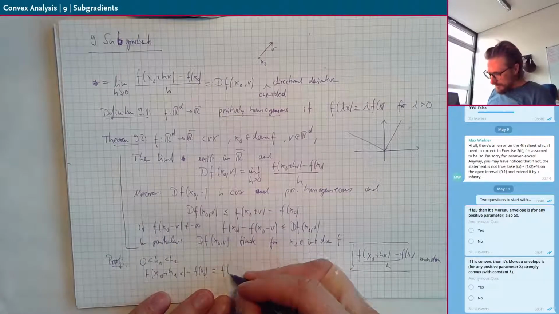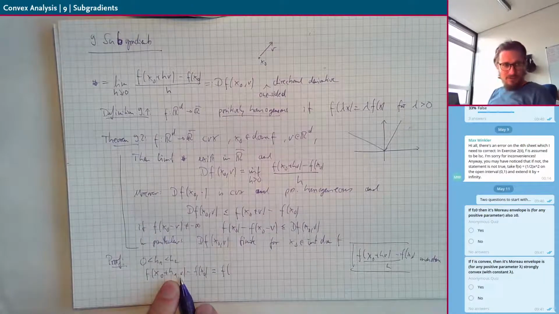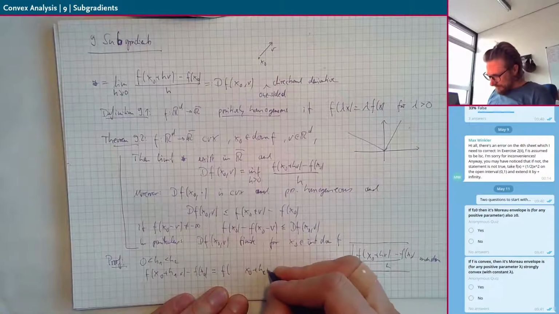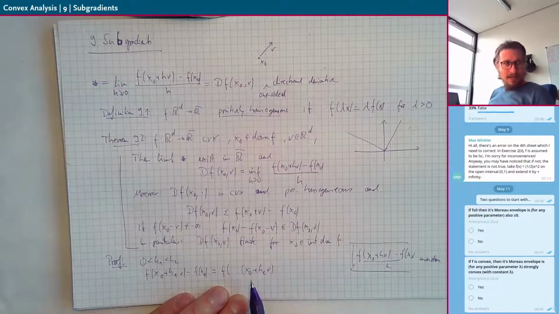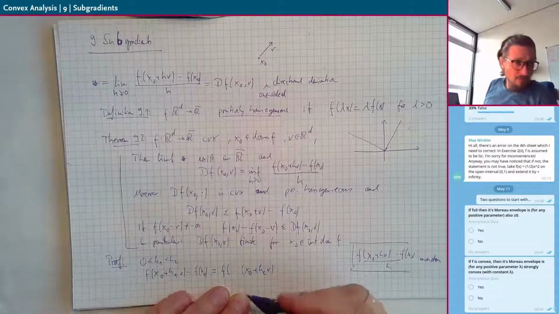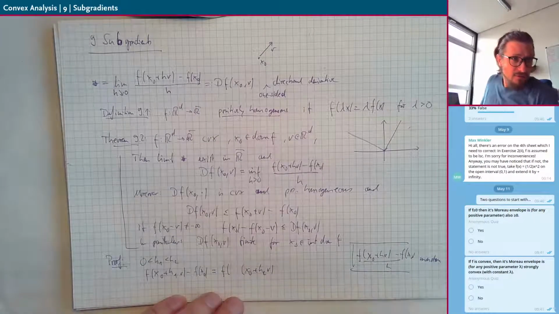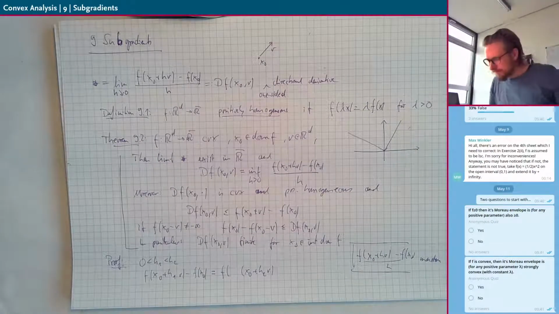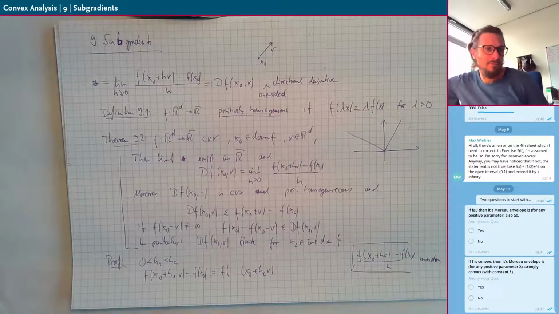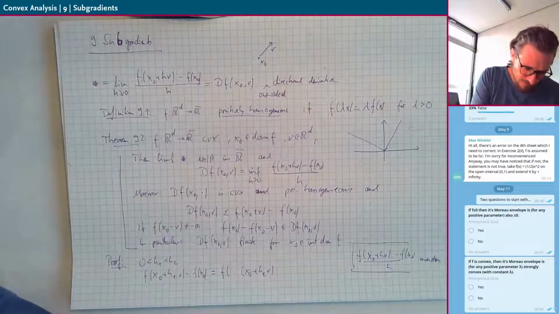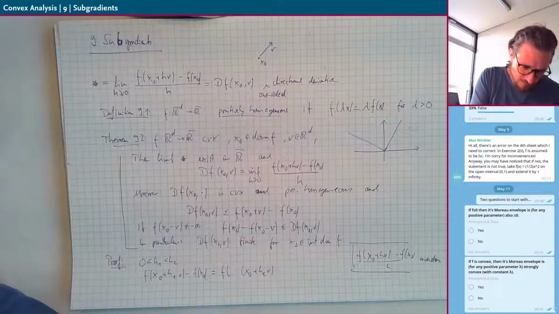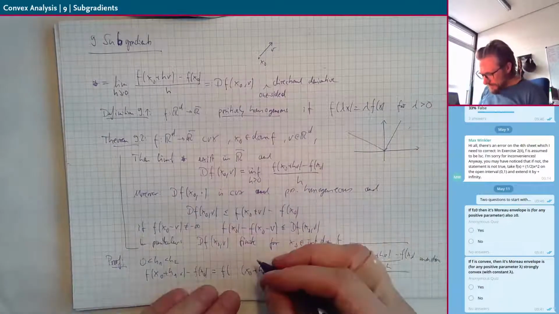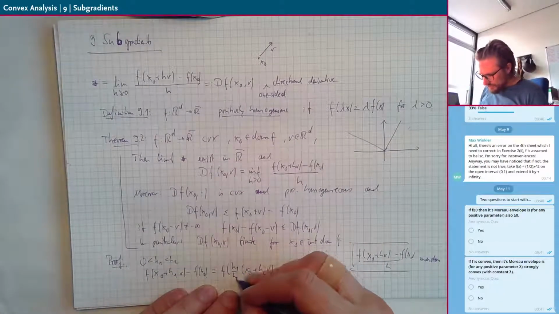We would like to have x0 plus h2 times v, so we pre-multiply by h1 divided by h2.